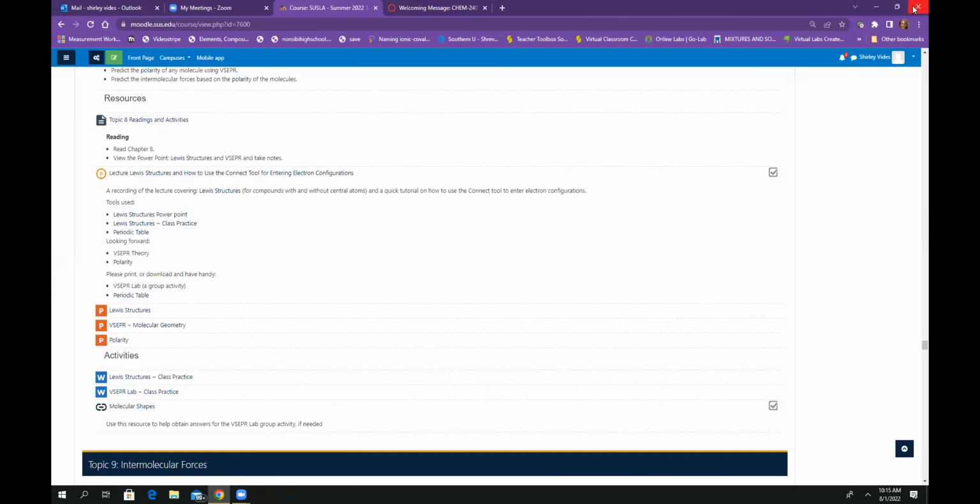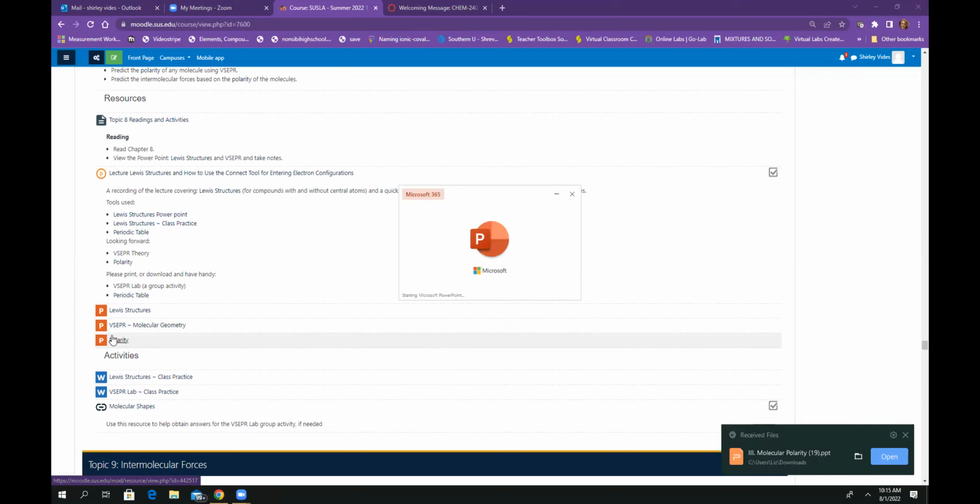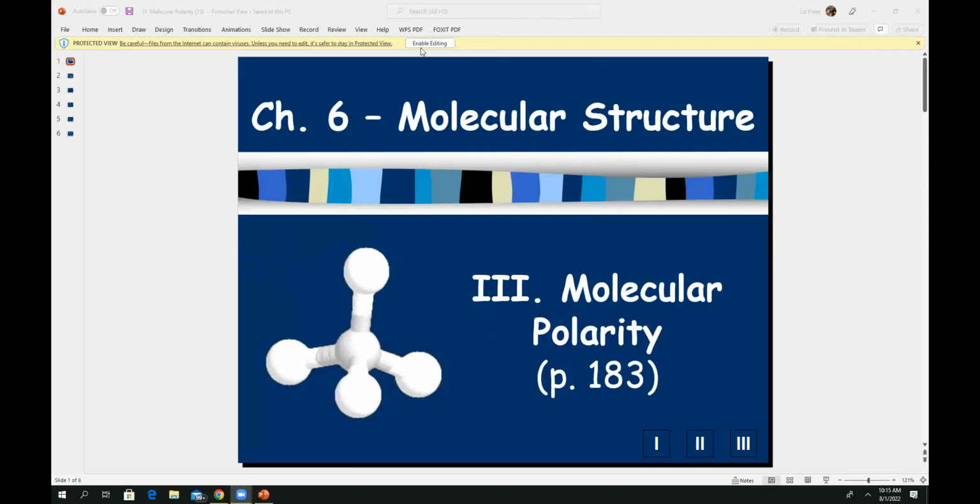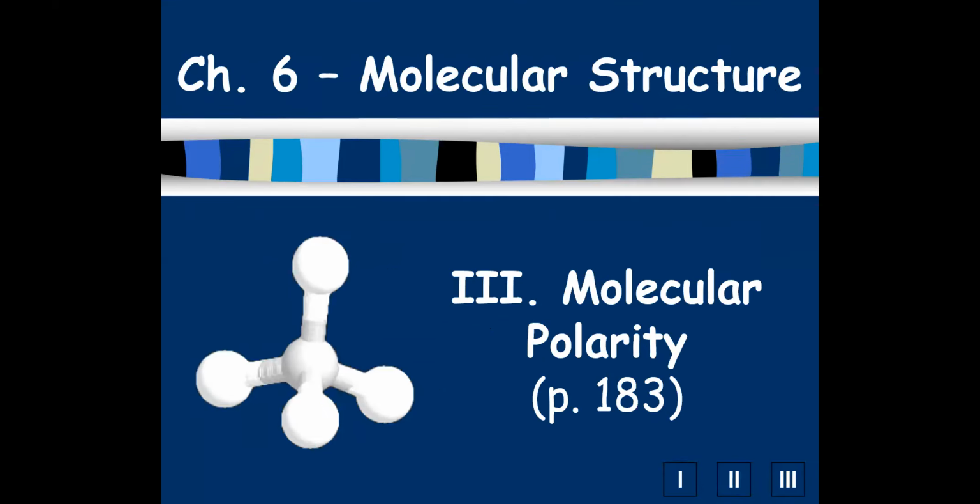All right. Now, the next part is the polarity. How do we know if something is polar or non-polar? Well, first of all, they have to be covalent, mostly. Well, not necessarily. They can be non-covalent, but ionic are always polar. I'm not saying that because they're not really called polar, they're more like ionic, right?